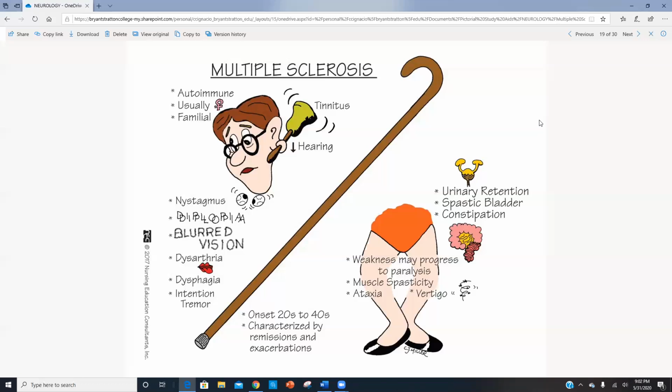And so amitriptyline, sertraline, or fluoxetine may be given. Sexual difficulties may occur, and so they will be given sildenafil. For fatigue, they may get modafinil and amlodipine.